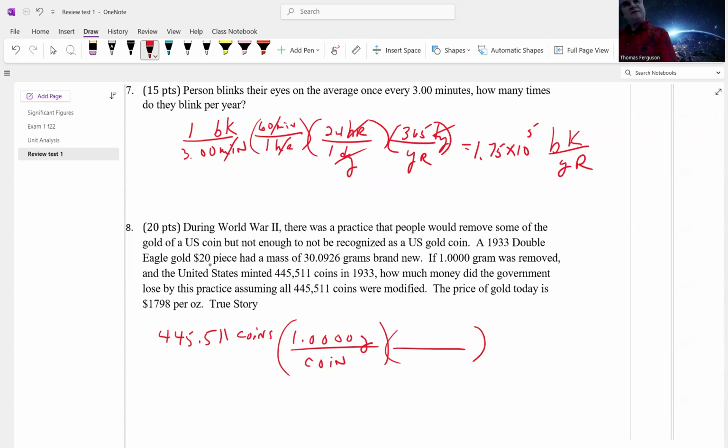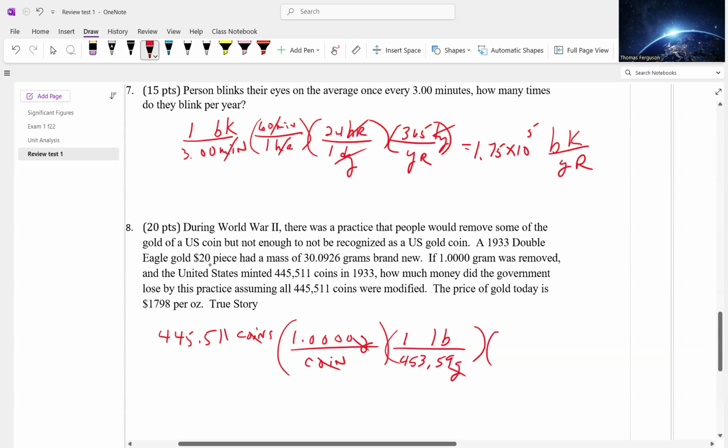Well, we can go grams to pound, and then that'll give us ounces, and once we have ounces, we can use our price.